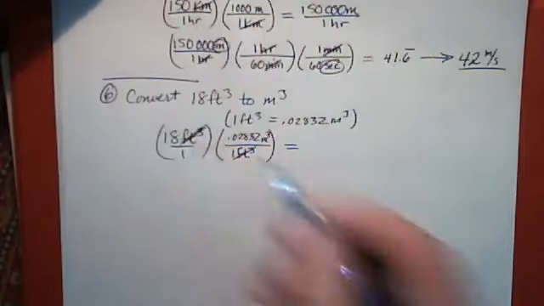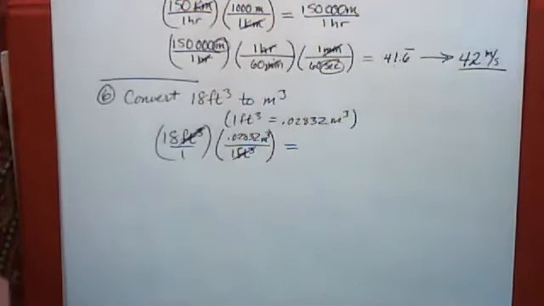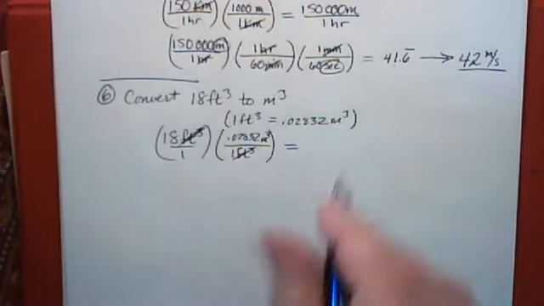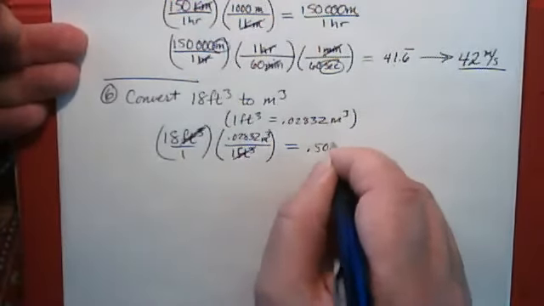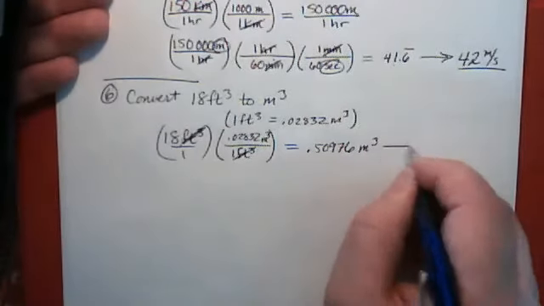That means cubic feet should cancel out, and we get 18 times 0.02832, and that is 0.50976 cubic meters.